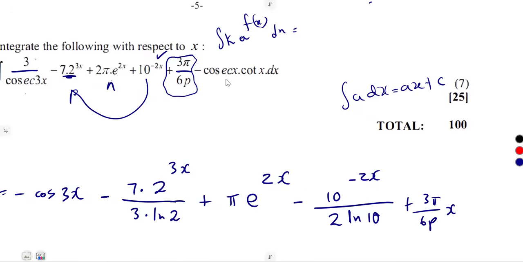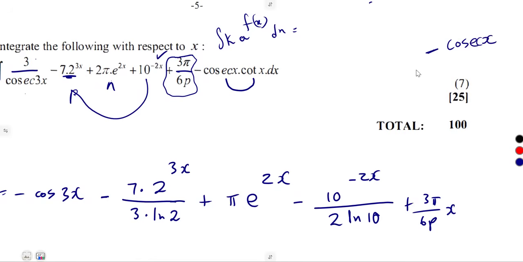Then cosec cot, it's a reverse from our derivative of the cot. But remember, when you differentiate a cosec, it gives us a negative. So it was supposed to be negative cosec of x.